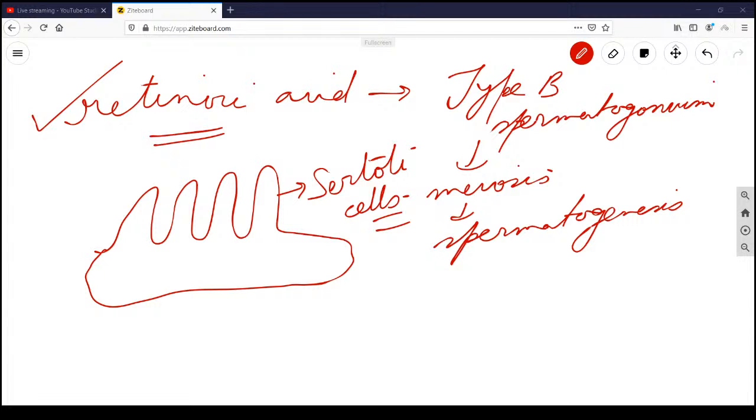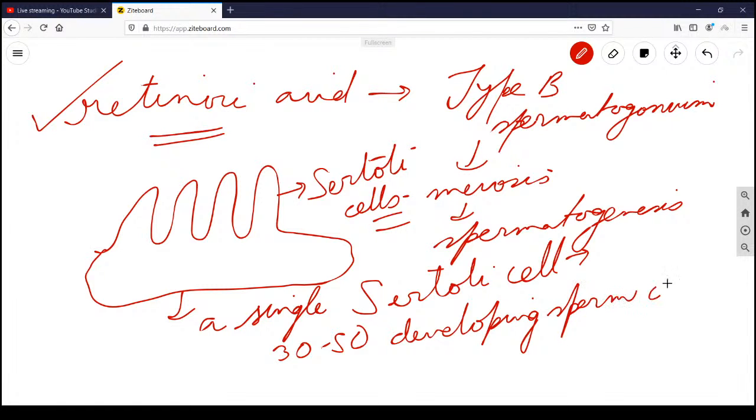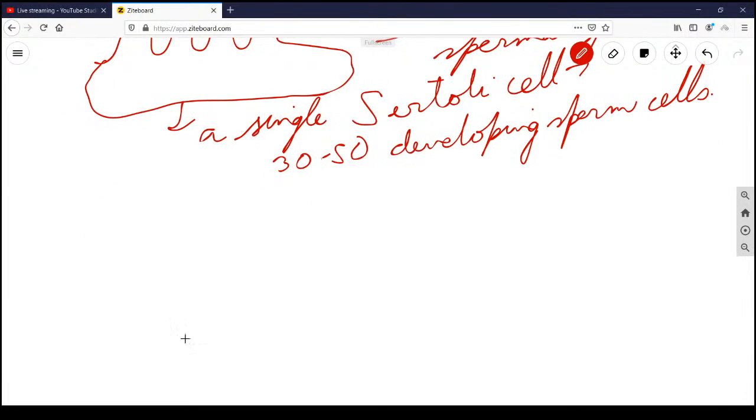A single Sertoli cell, the nurse cell, can support 30 to even 50 developing sperm cells.